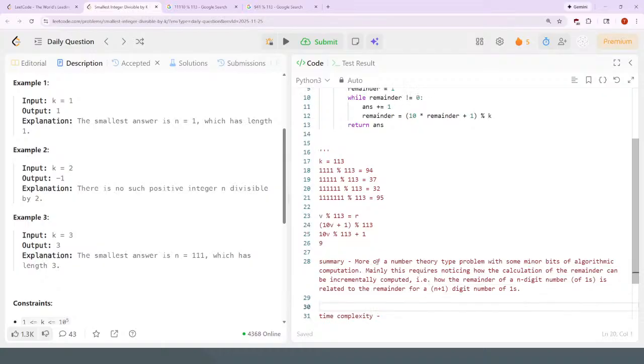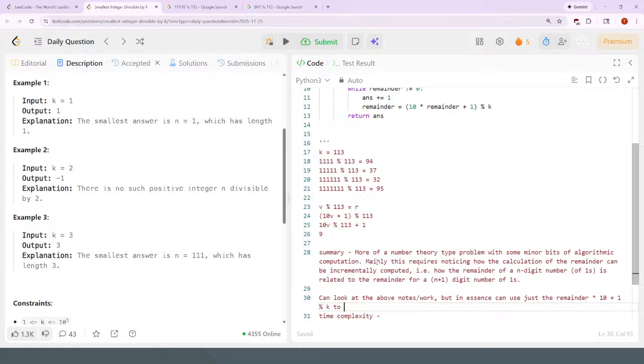Okay. So you can look at the above notes and work, but in essence you can use just the remainder times 10 plus 1, modulo k, to find the next remainder, and then use the whole number with all the ones.